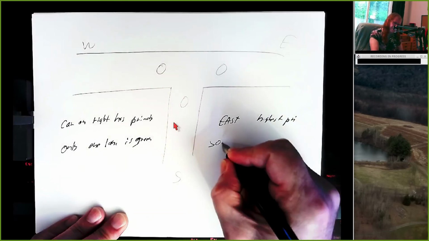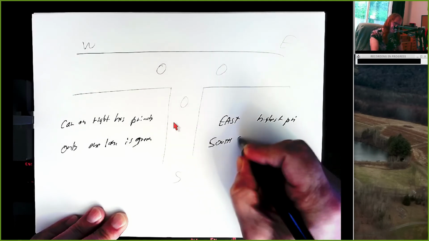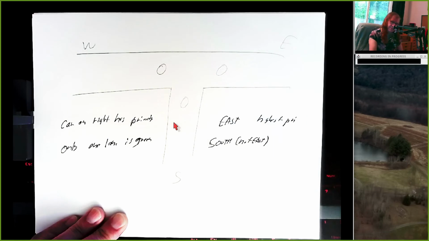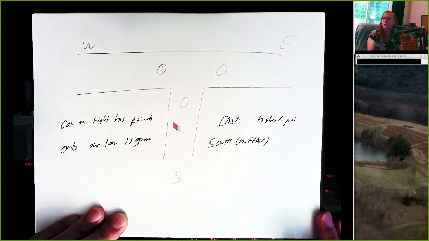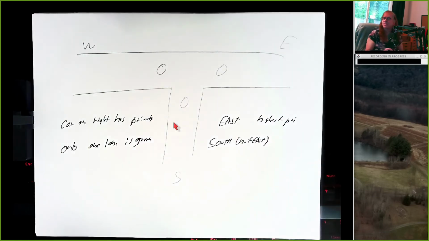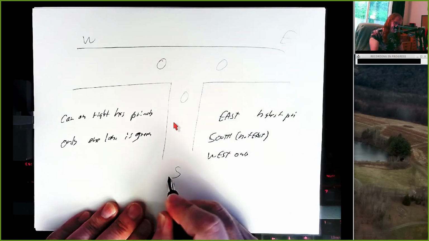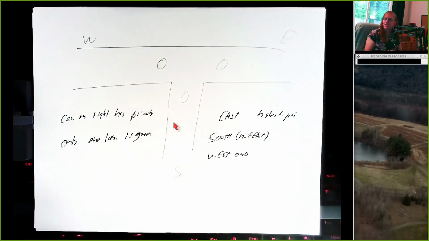If there's a car to the south, and there's not a car to the east, then the car to the south has a green light. Nobody else has a green light. Everybody else is red. And if there's a car to the west only, no car in the south or the east, then west gets to go.